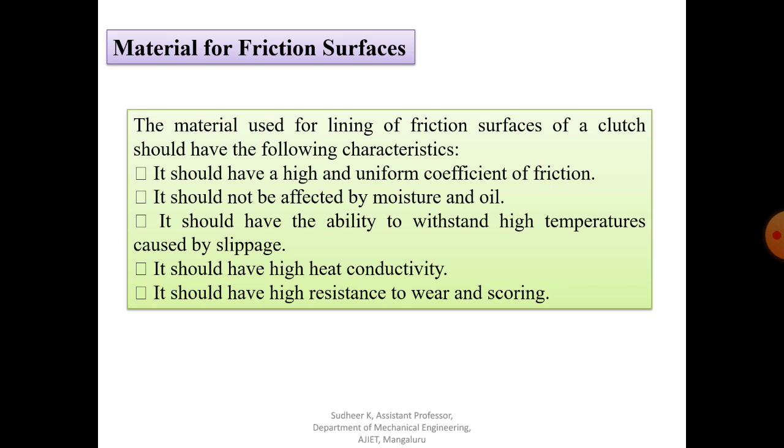And last one, it should have high resistance to wear and scoring. These are the failure mechanisms, so it should not fail in such conditions. So those are the important characteristics of material that can be used for lining of friction surfaces of a single plate clutch and multi plate clutch.